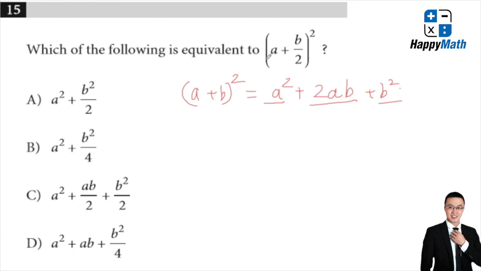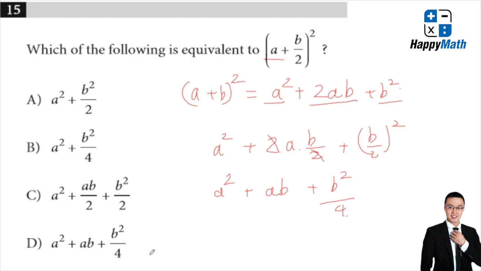So the first number will be a. So a squared plus 2 times the first number and the second number, plus the second number squared. A squared plus ab, because you can cancel 2 in the numerator and denominator, plus b squared divided by 4. So my answer will be D.